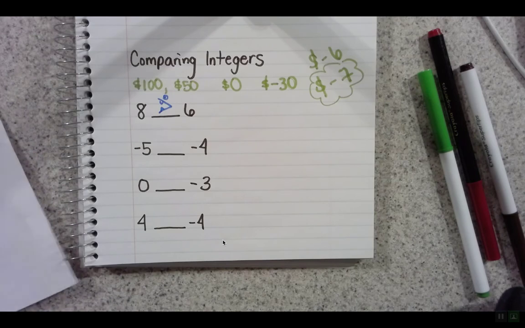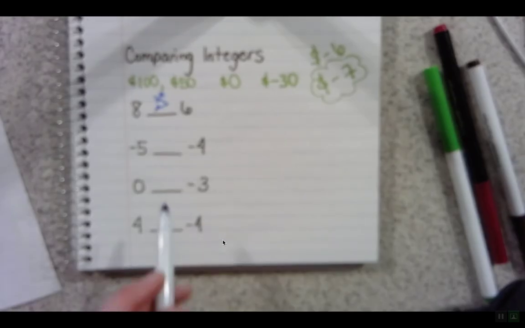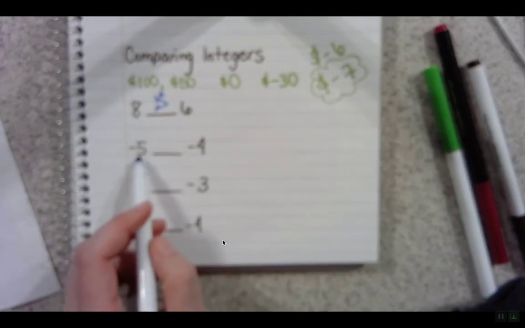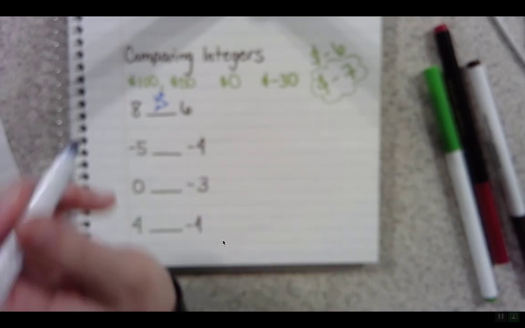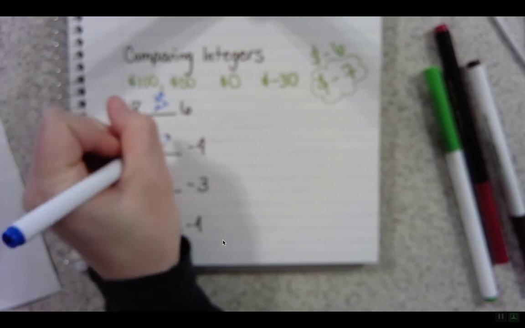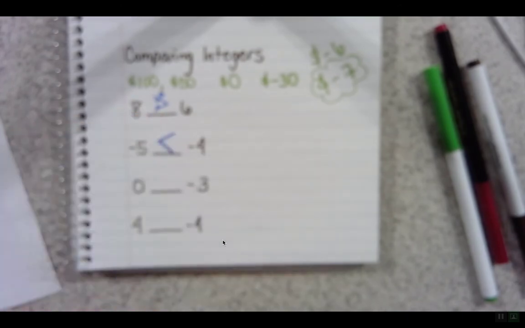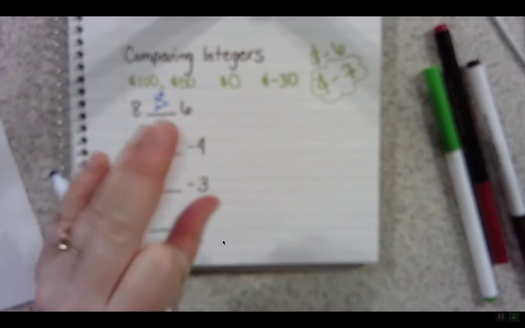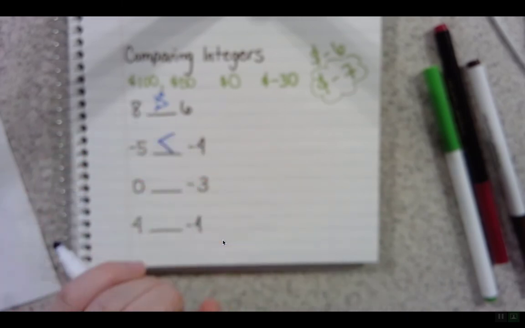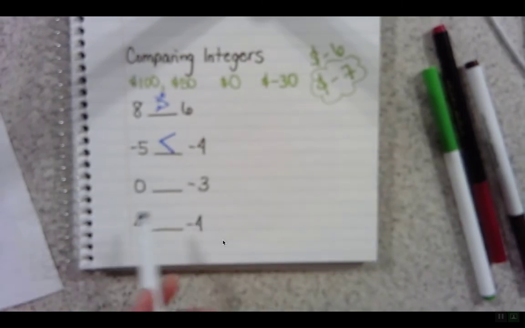Or if you're thinking about money, it's a bad scenario to be $5 in debt. And this is not quite as bad of a scenario to be only $4 in debt. So here you would fill in the blank. $4 in debt is a better scenario, so the inequality monster is going to eat the better choice.